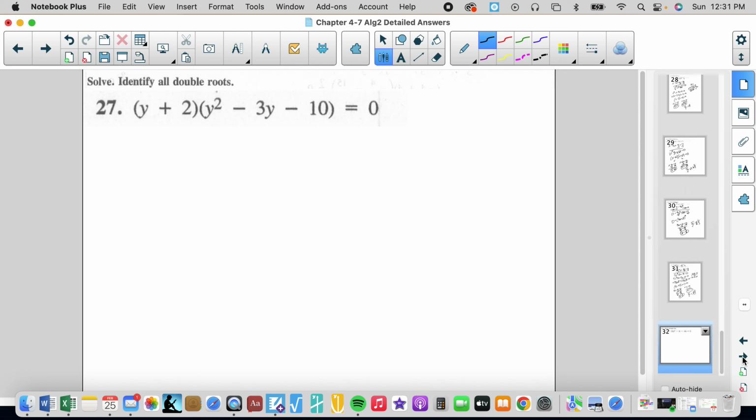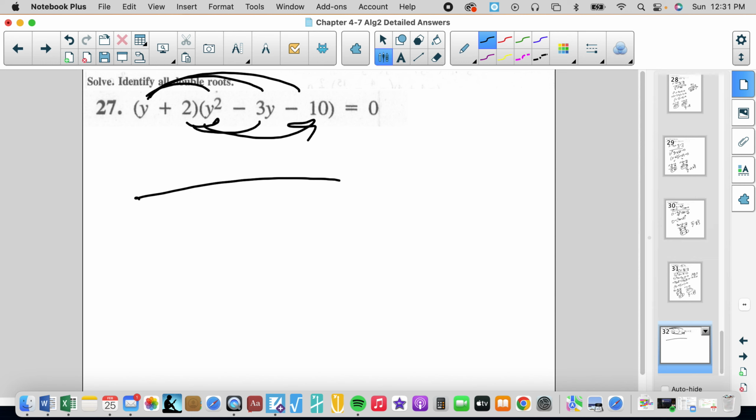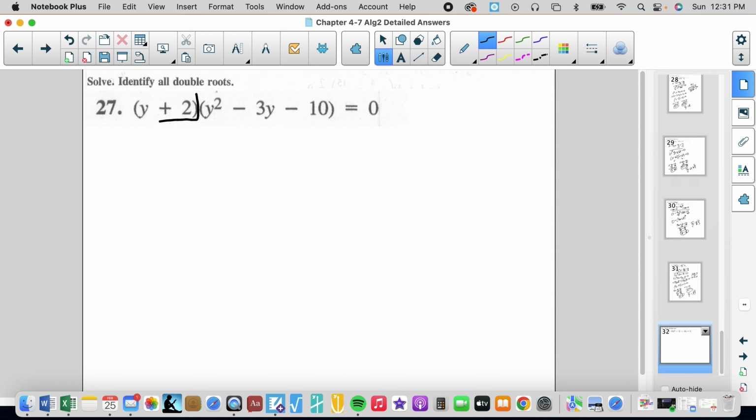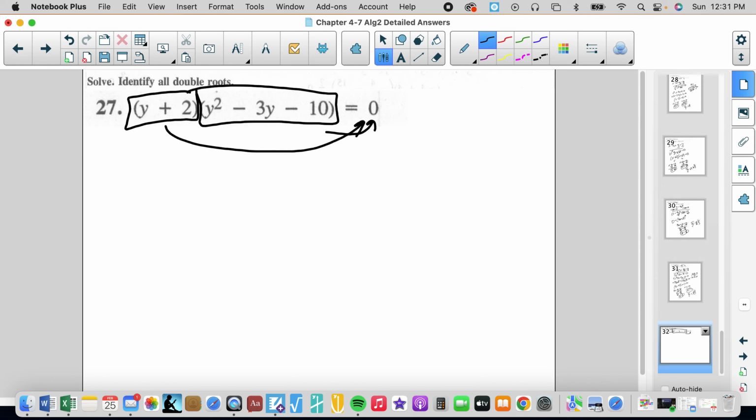Now, we could distribute, and we can look at it in that fashion, create this big thing and then factor it. But hey, folks, remember, we have the product of two things that equal 0. So this has to equal 0, or this has to equal 0.